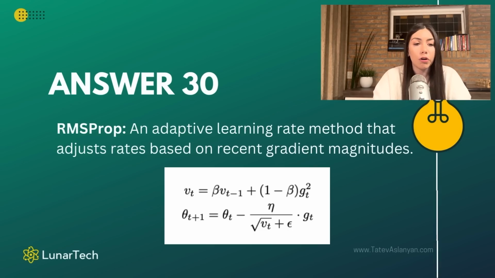What RMSProp does is try to address some of the shortcomings of the traditional gradient descent algorithm. It is especially useful when we are dealing with the vanishing gradient problem or the exploding gradient problem.